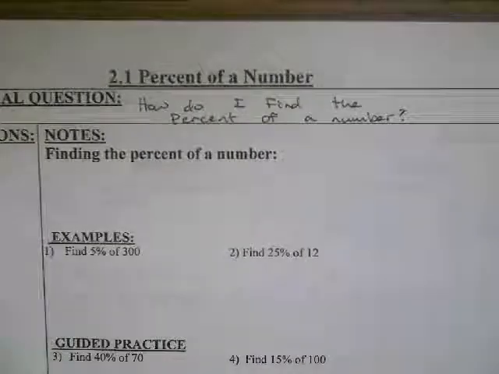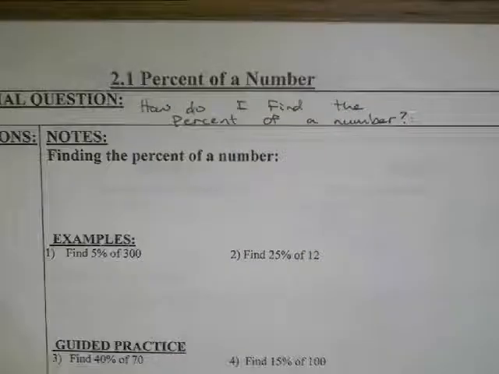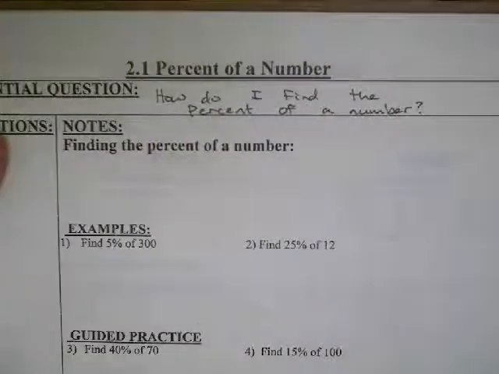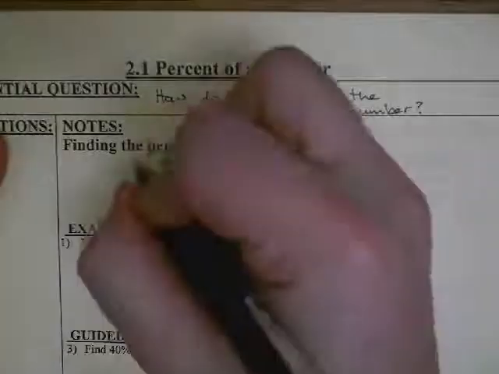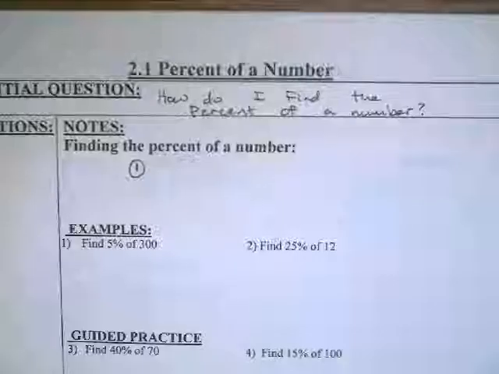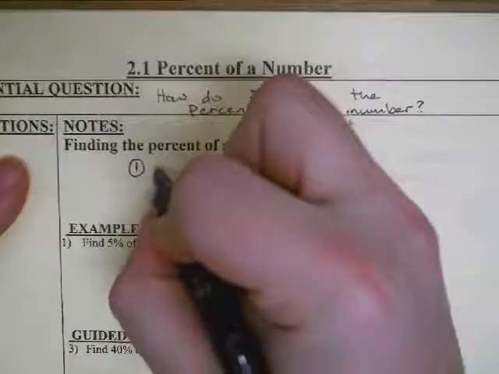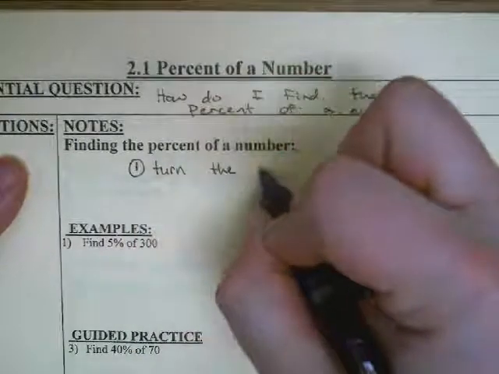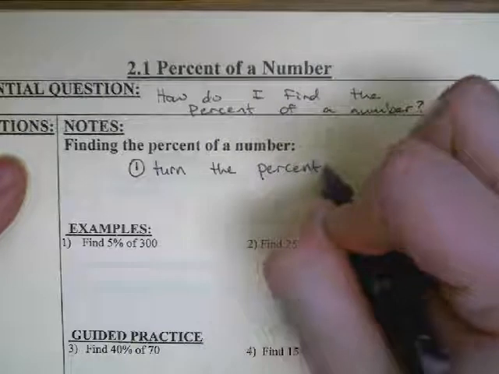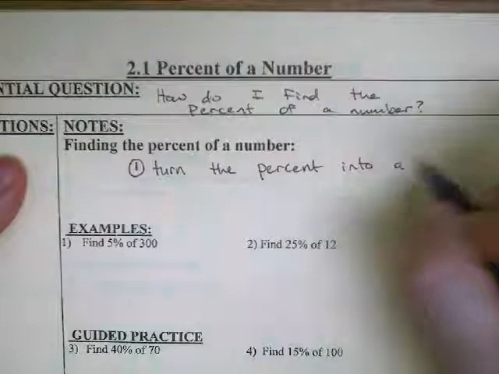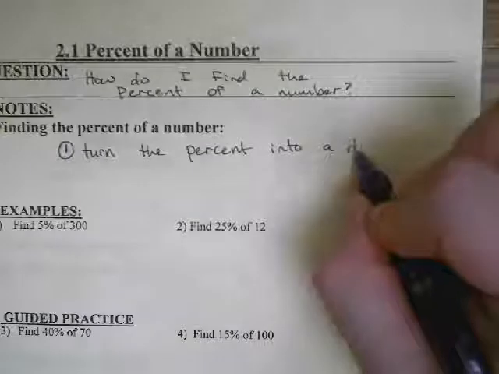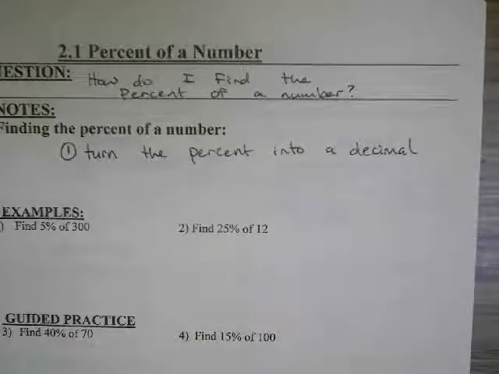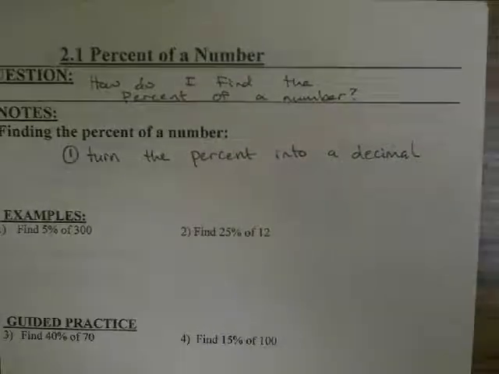Well, the process will be fairly straightforward. We'll have two things that we need to do. Step one will be turn the percent into a decimal. That's the first thing we'll do, is we'll turn that percent into a decimal.